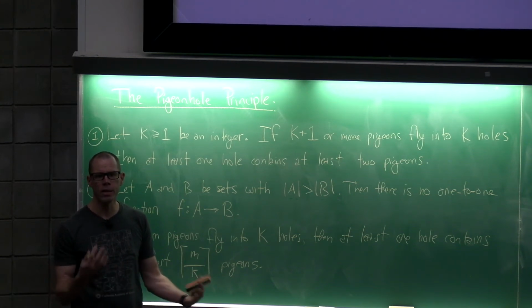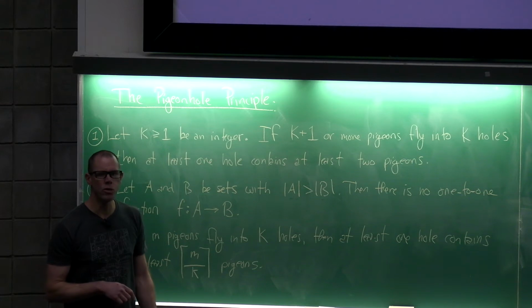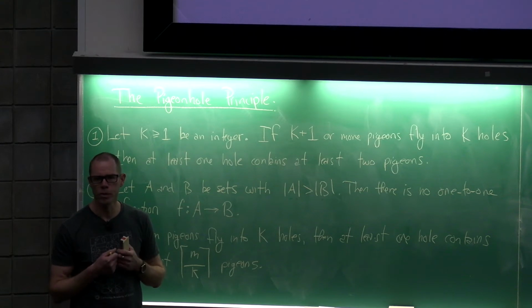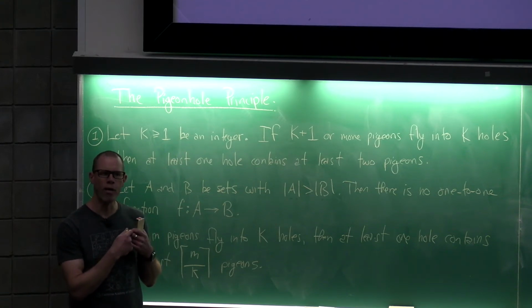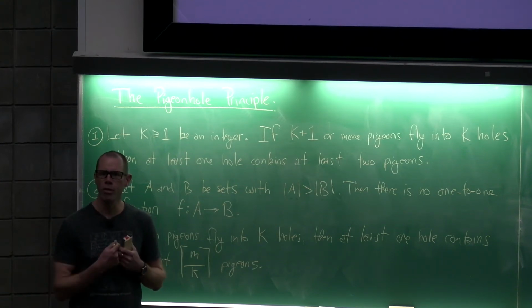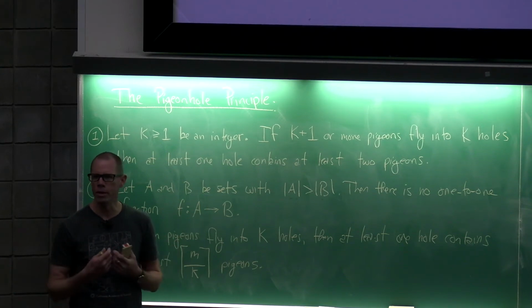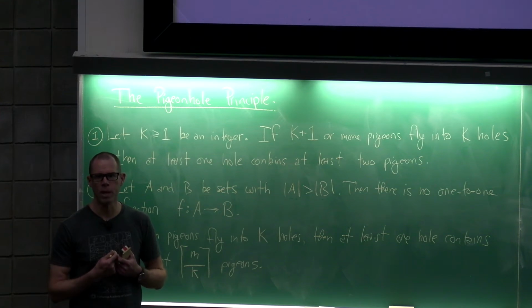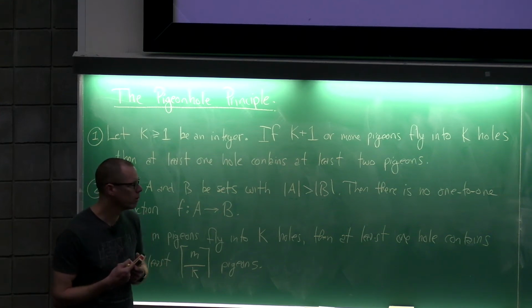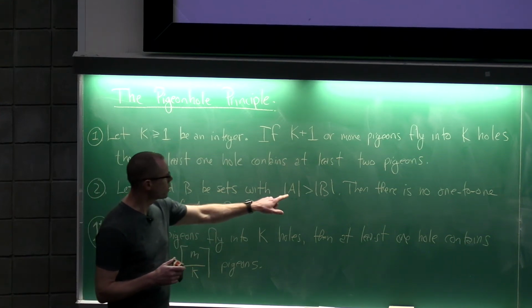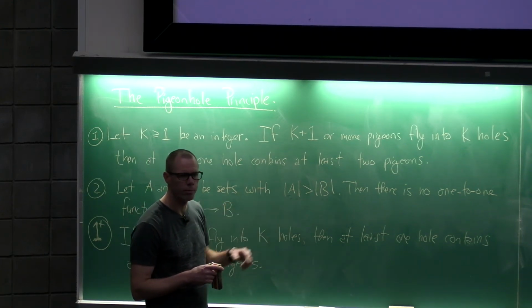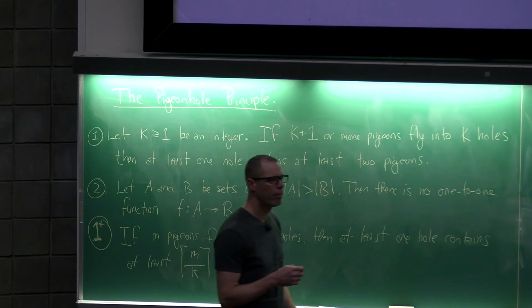Or another way of saying that is there's at least 2 students in this class who have the same birthday. Right? Because there's only 365 different days on which you can have your birthday. There's more than 365 students in the class, so there must be a pair of them who have the same birthday. A is the set of students, B is the set of birthdays.